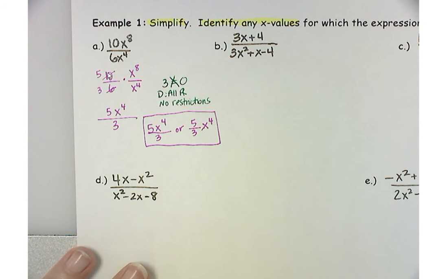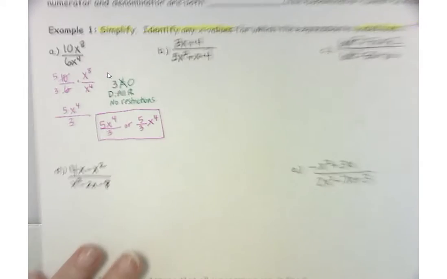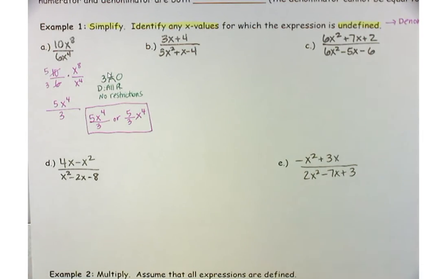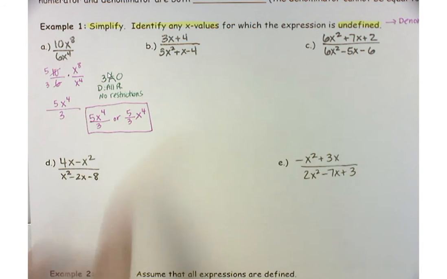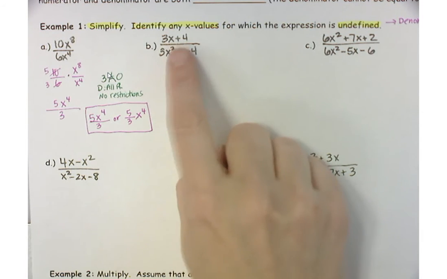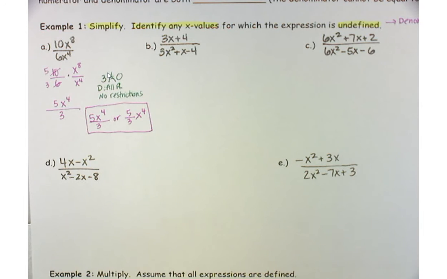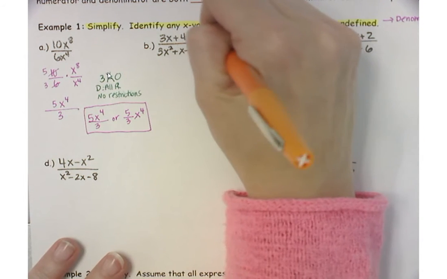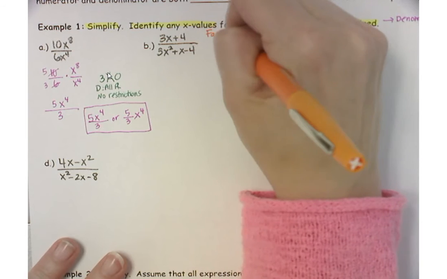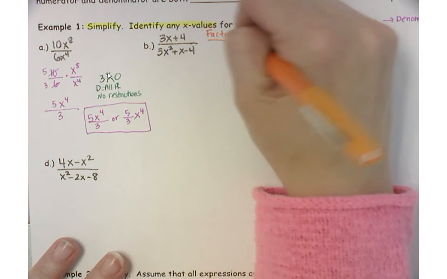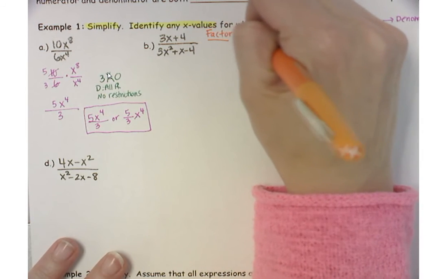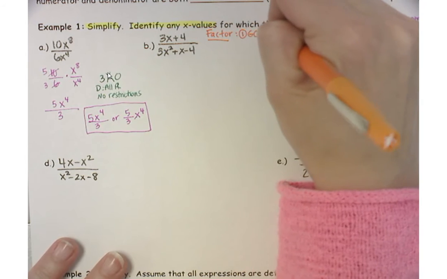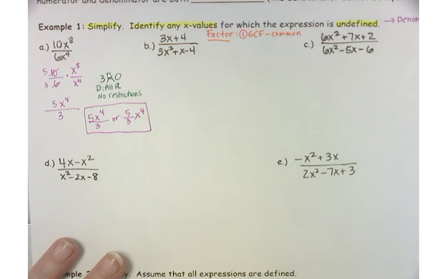Okay, so some of you already started B and C. For a lot of these, you are going to have to factor. You have binomials, you have trinomials, so factoring is going to be an important part. Remember, when you are factoring, the first thing you want to look for is the greatest common factor, or we think of that as terms that they have in common. You also want to keep a lookout for special patterns, like the difference of 2 squares.